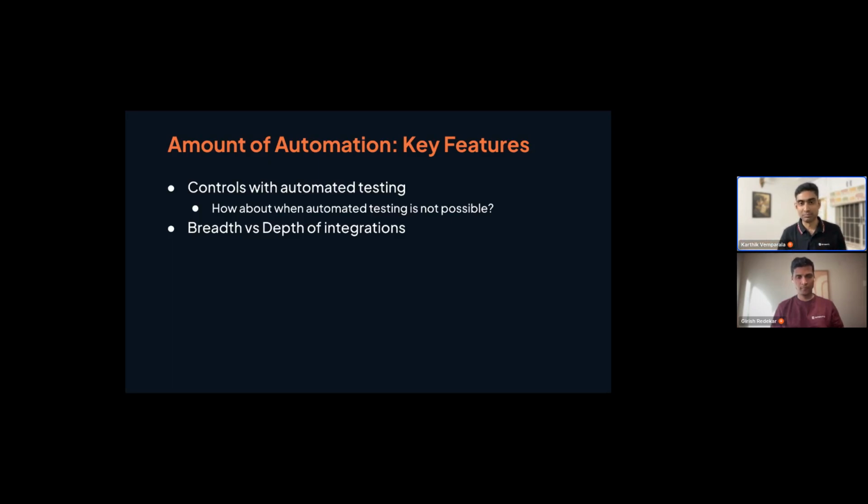So when it comes to, I'll take an example of a simple project management integration like a Jira integration, right? The use cases that you might want to solve with a Jira integration could be in terms of controlling access or managing access to the tool. It could be in terms of the change management processes within your organization running on the tool and that being mirrored or automated in the GRC platform.